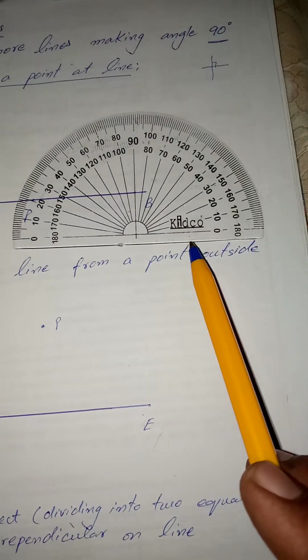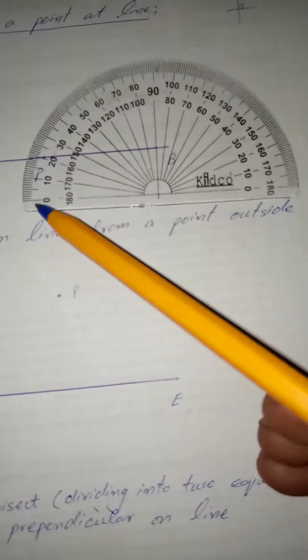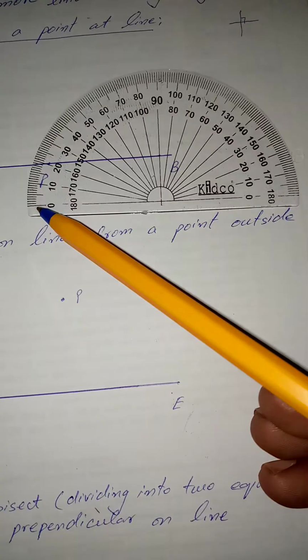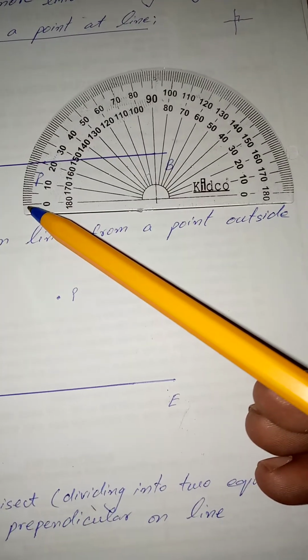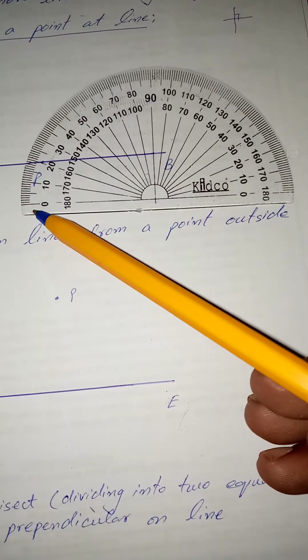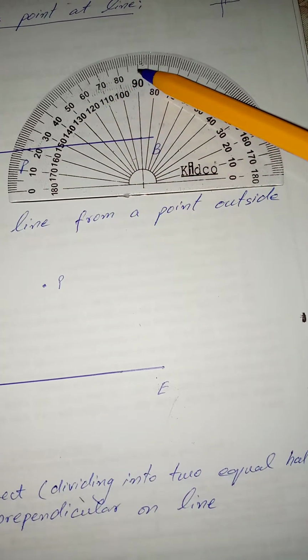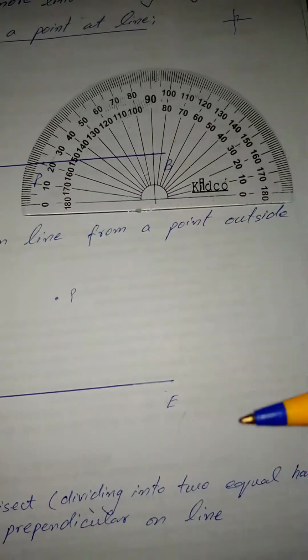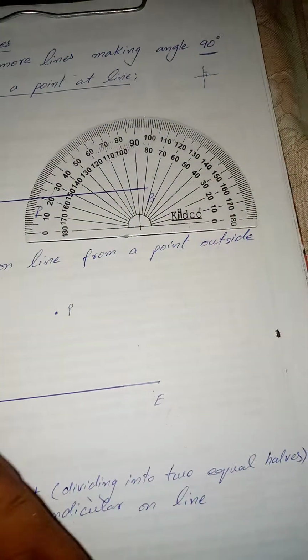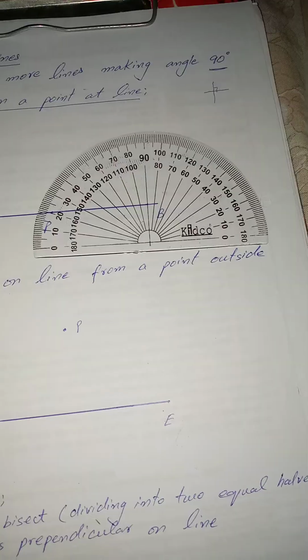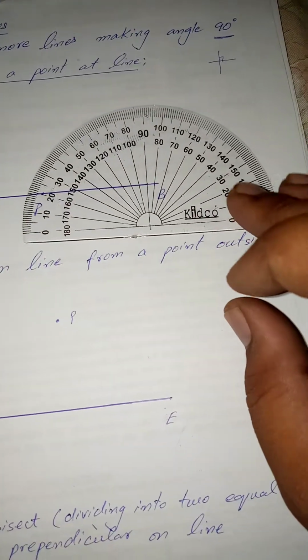Similarly, on the left hand side there is a 0 degree as well, but it's on the outer side. So if we are counting the degrees from this side, then we will count the outer graduations, outer measurements.